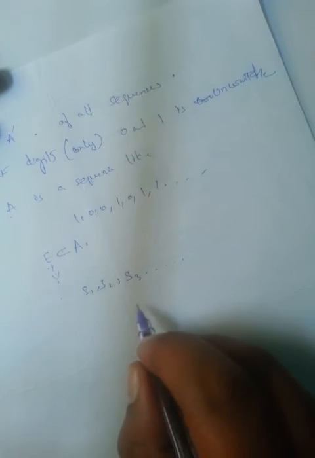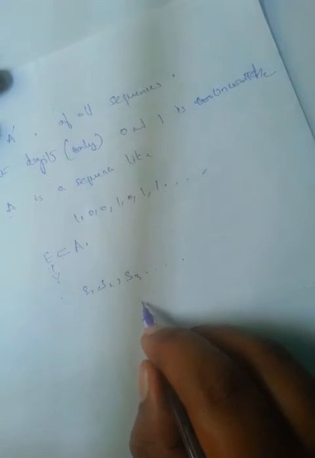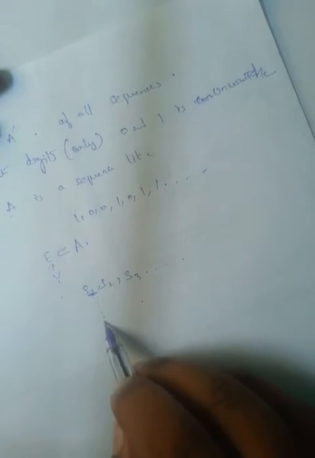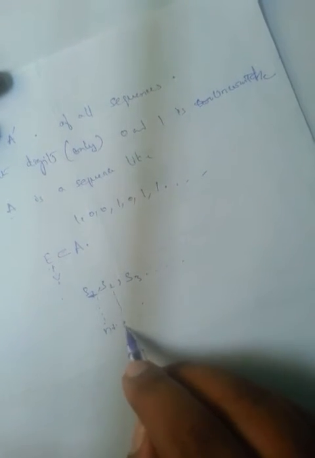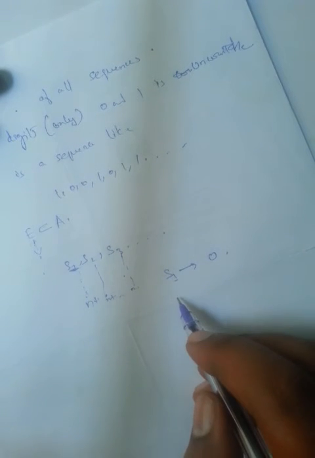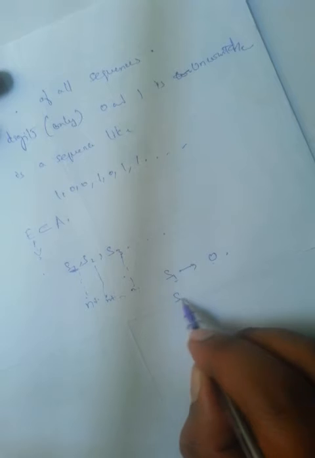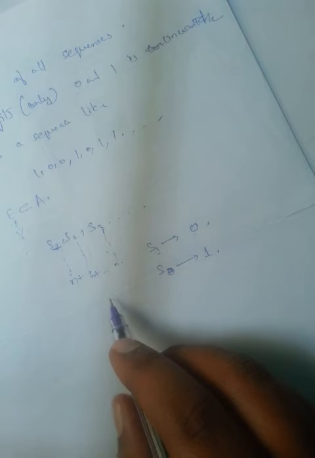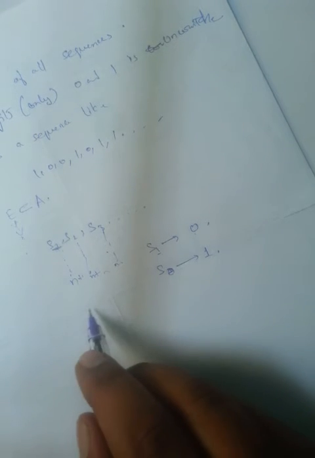Now each sequence will have its own nth digit. If S1 has digit 1, we have to select 0. If we get 0, sorry, we have to select 1 for the new sequence. By this we are considering S1, S2, S3, and so on.